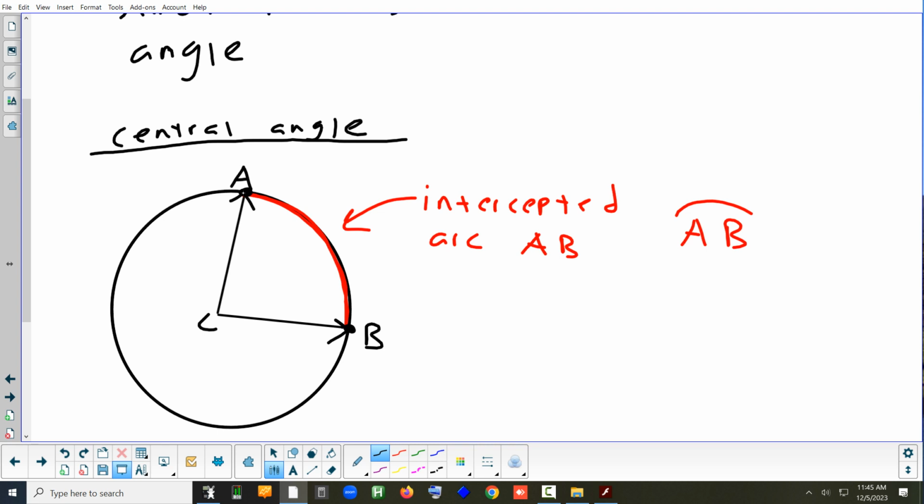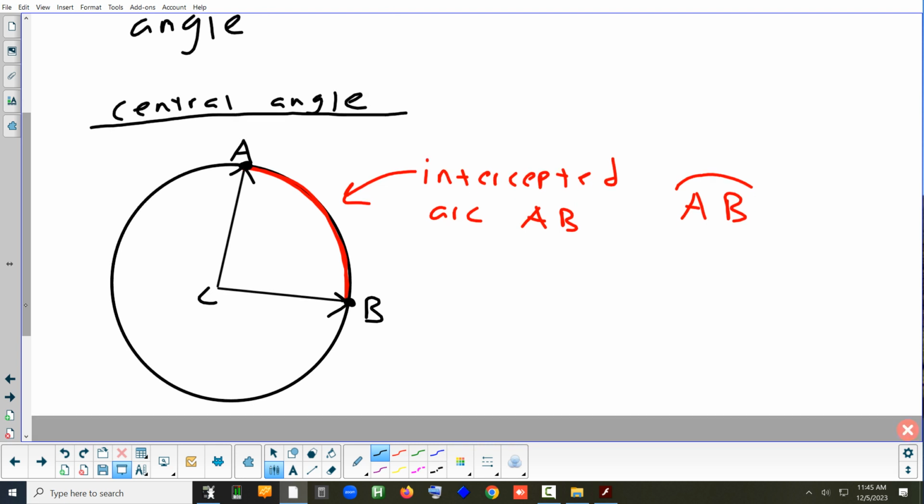If you connect between A and B, tracing along the circumference of the circle, that's called an arc. So the notation for this would be arc AB. Arcs are not directional. They're not like rays, where direction matters. You could call it arc AB or arc BA. It's the same thing. Any questions on just what that diagram is?